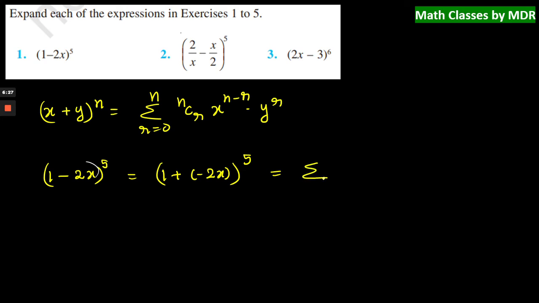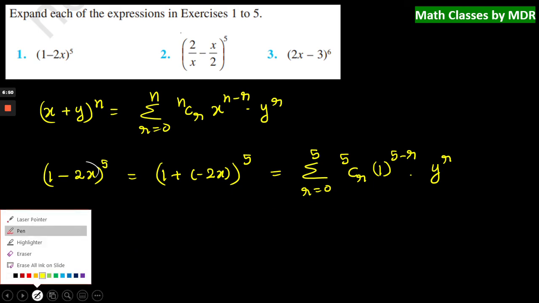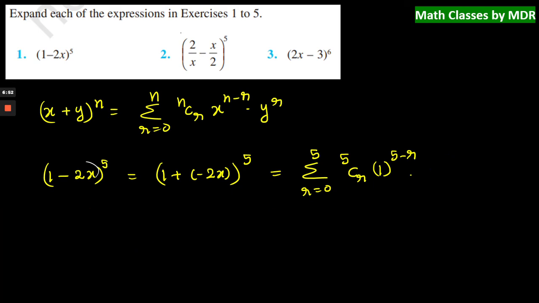That means sigma r is equal to 0 to 5, n is 5, so 5Cr, x is 1, so 1 to the power n minus r, that is 5 minus r, and y to the power r, where y is minus 2x. Now let us expand it.